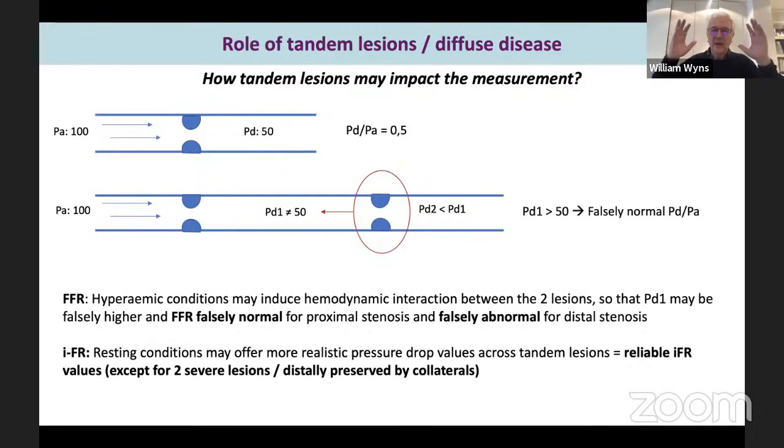How will tandem and/or diffuse lesions, we start with tandem lesions, impact the measurements? Tell us. Well, William, let me show one example.